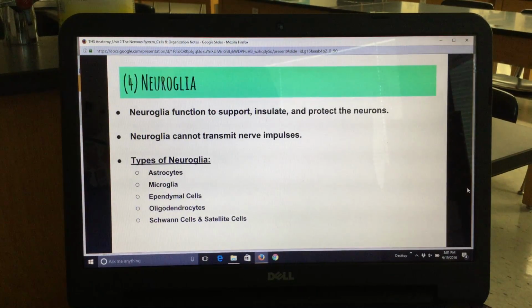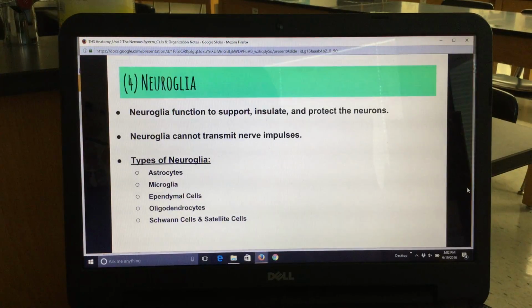So to make sure that your body keeps these really special neurons intact and healthy, they have smaller nerve cells called neuroglia that help to support the neurons, insulate the neurons, and protect them from infection. It's important to notice that neuroglia are not the same as neurons. They can't transmit nerve impulses, they can't pick up on a stimulus, they can't send messages to or from the nervous system. Their only job is to support and protect the neurons.